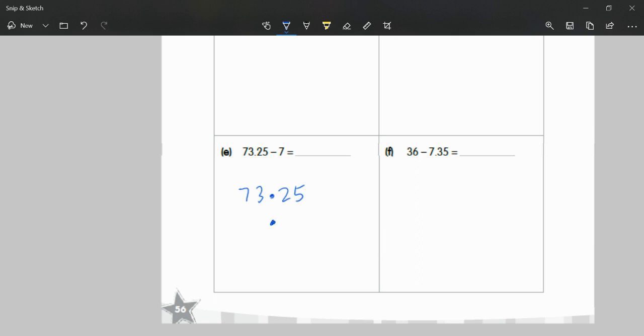So always remember first step, align decimal point, write in the operation. Sometimes use money to help you. $73.25 minus $7. Kind of like the idea. Add in the zeros.